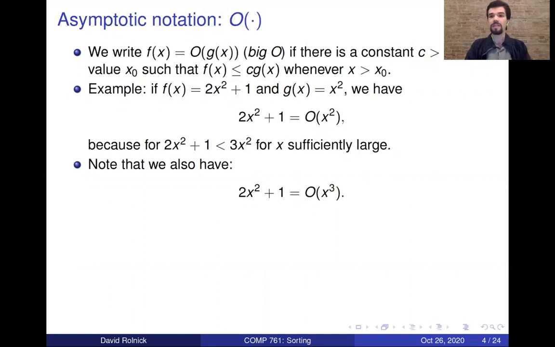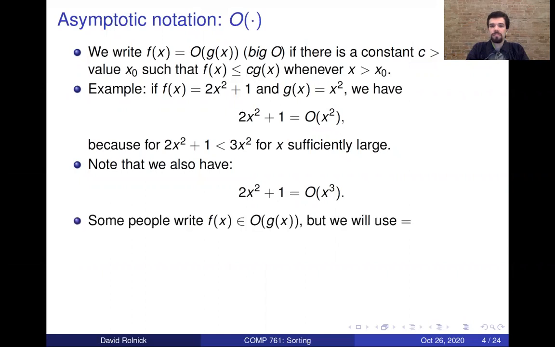Are there questions about this? Some people will write this as set notation, f of x is in big O of g of x, but we're going to use equal. What could we write, for example, for x cubed plus 100 x squared?